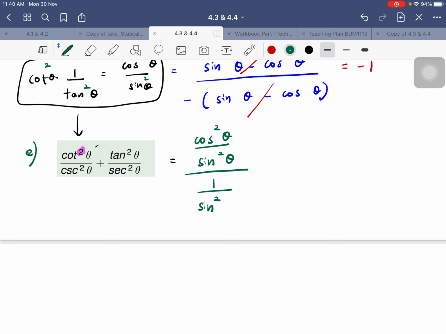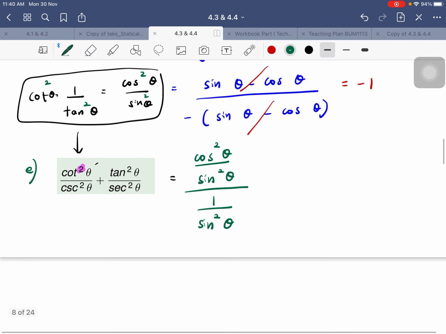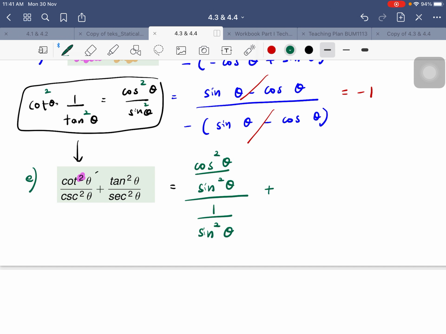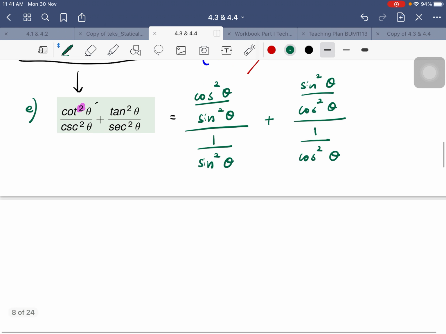So when it's squared, it's 1 over sine square theta. Plus, then I'm going to deal with tangent. Tangent square is sine square theta over cos square theta, over secant square, which is 1 over cos square theta. So now all you have to do is simplify this.